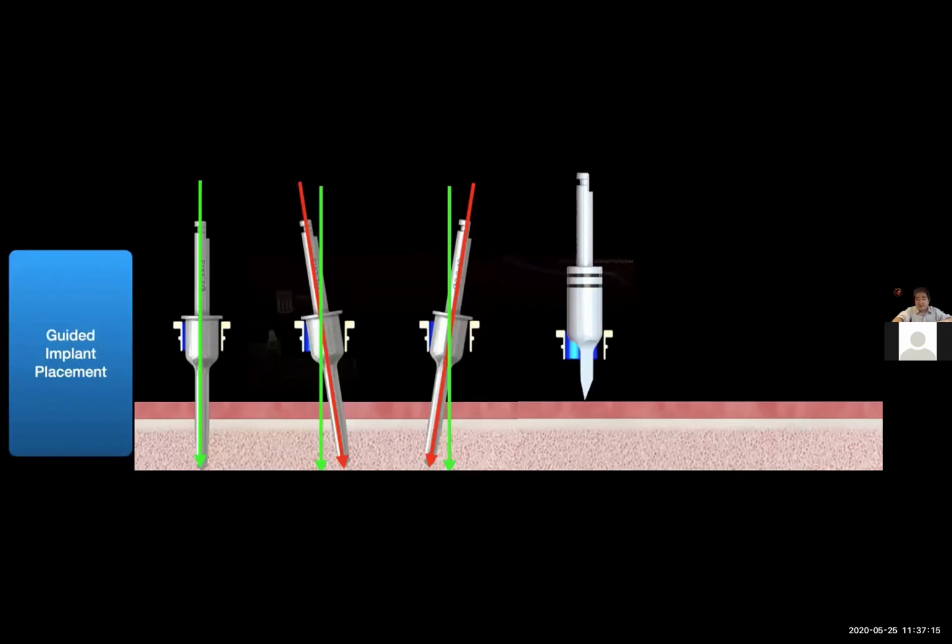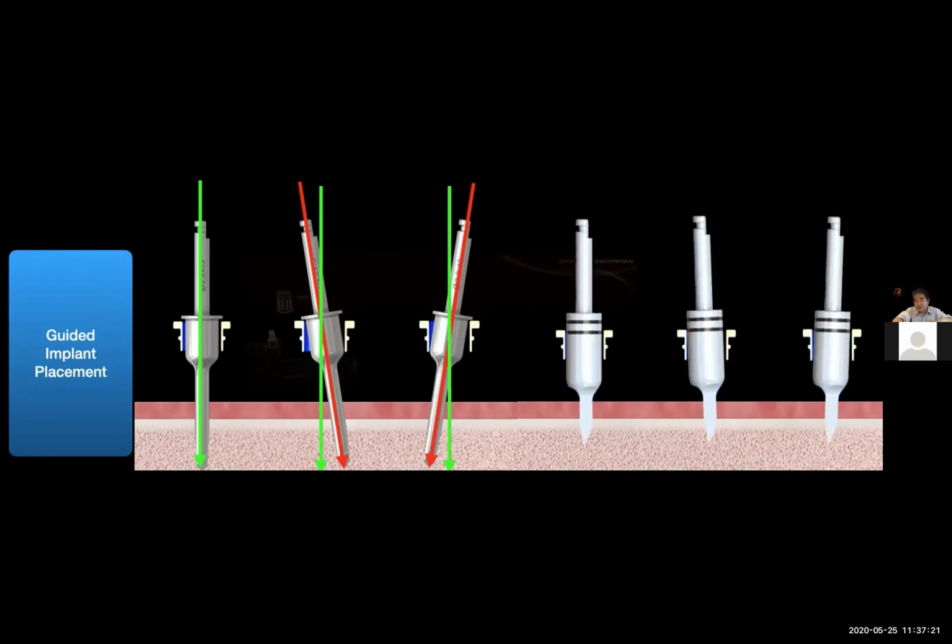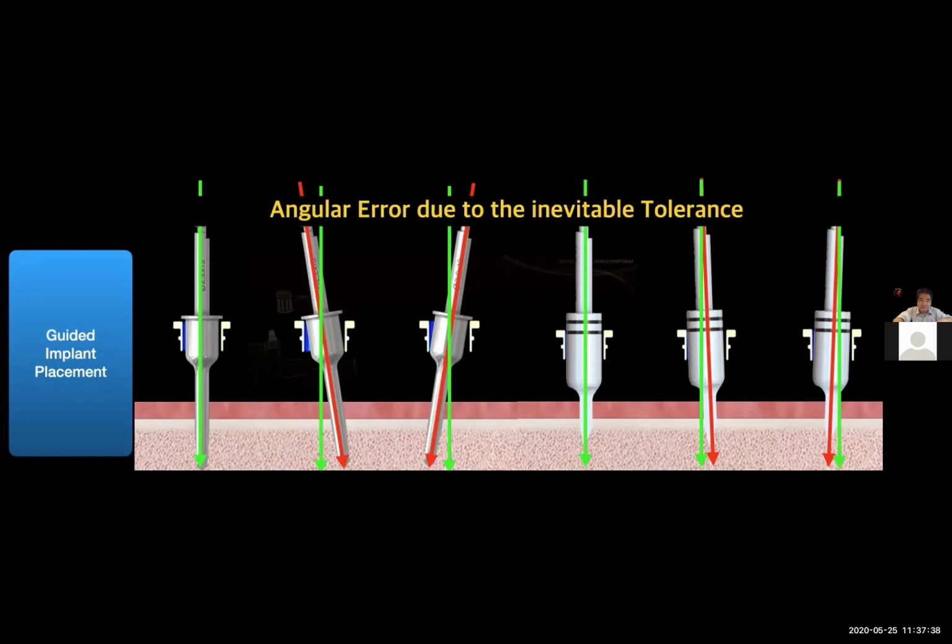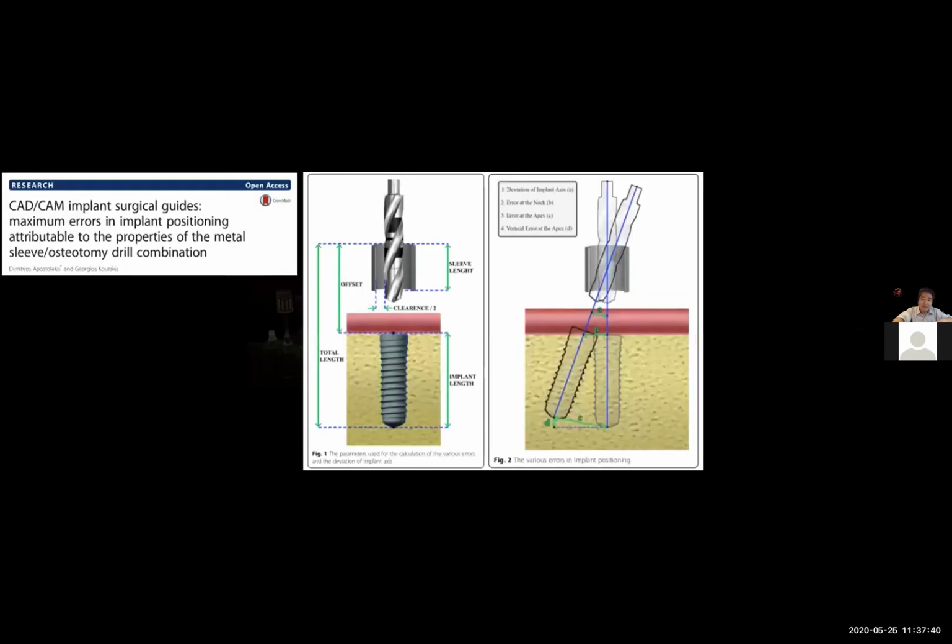So with this improvement, we created this situation. However, with all that effort, as you can see, there is still error. So this is a built-in error. Keep in mind that built-in error is called angulation error, that we discussed, buccolingual or facial palatal, right? Angular error. Keep in mind.